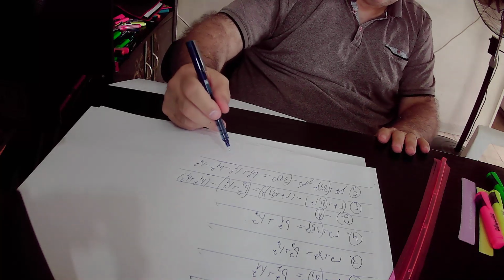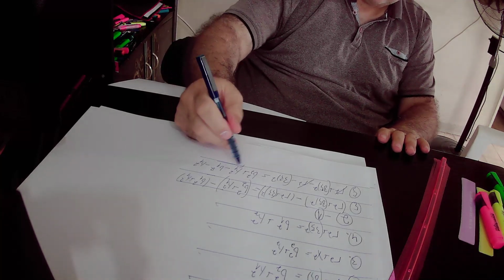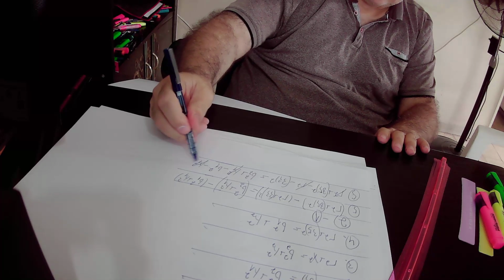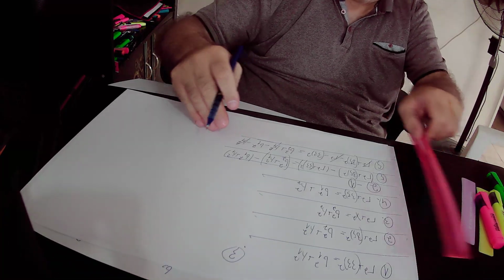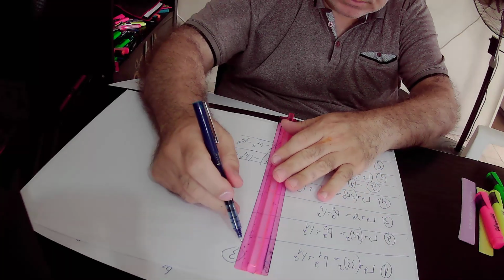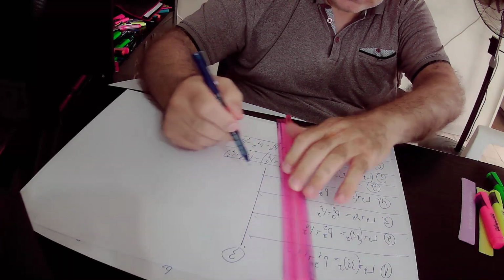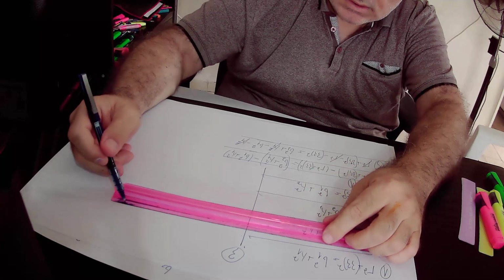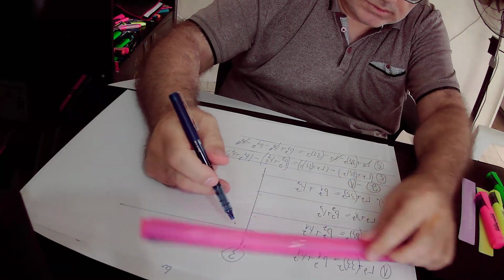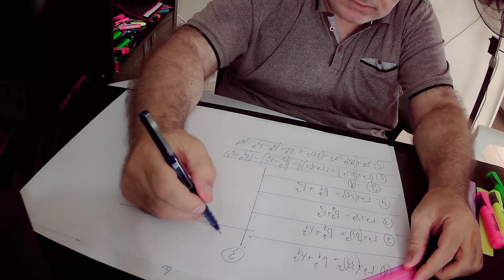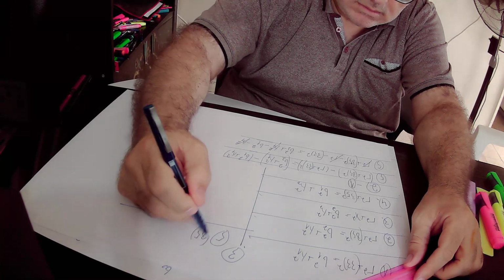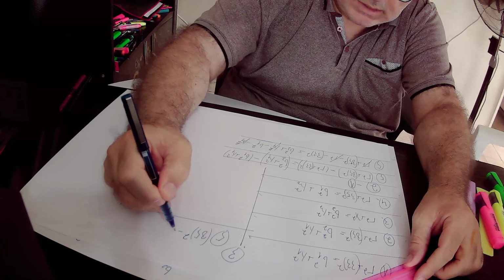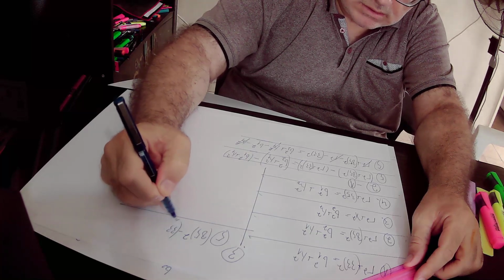And here we have H1 square minus H1 square, which is 0. So what is left from equation number 5 after we cancelled those two expressions? On this side of the equation, we are left only with 85 square minus 33 square.